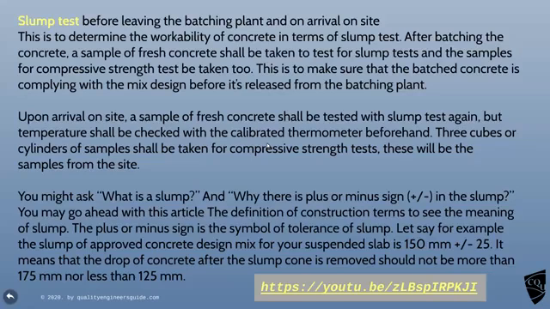So they do 3 cubes and they'll be put away in a water bath normally for 28 days, so they can set, because remember, the strength is always measured at 28 days. If the slump test is okay, they'll still use the concrete, but there's a bit of a bun fight if it turns out the cubes fail.